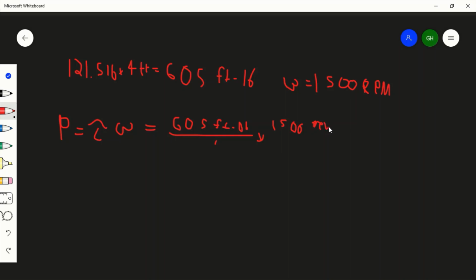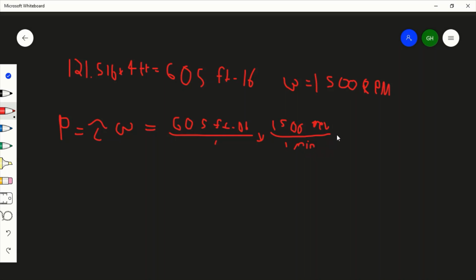And I'm going to write it like this because it'll help us with conversions. But basically, we have it written like this. And this would be fine, but we also can't have revolutions, and we need this to be in seconds for it to work.